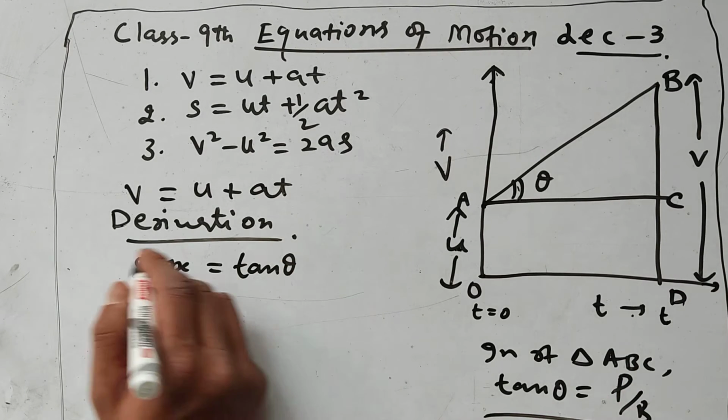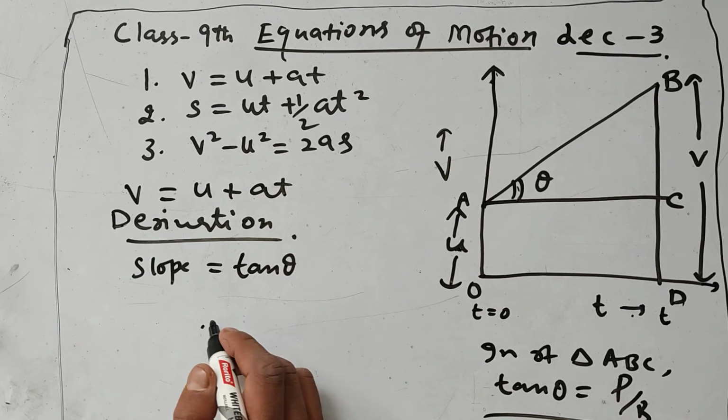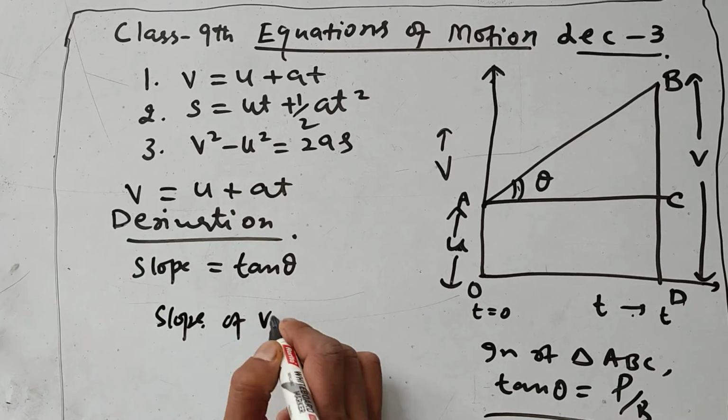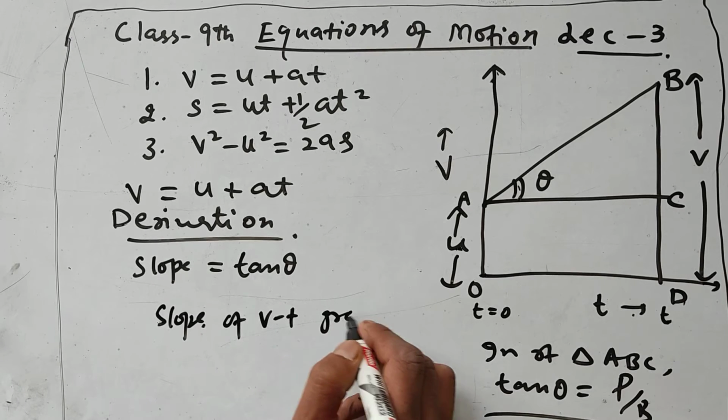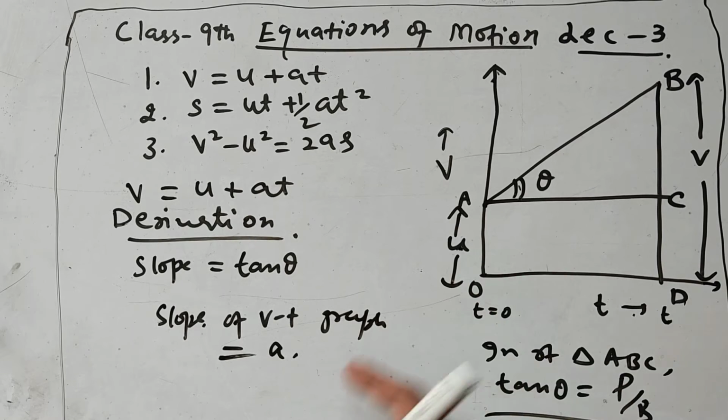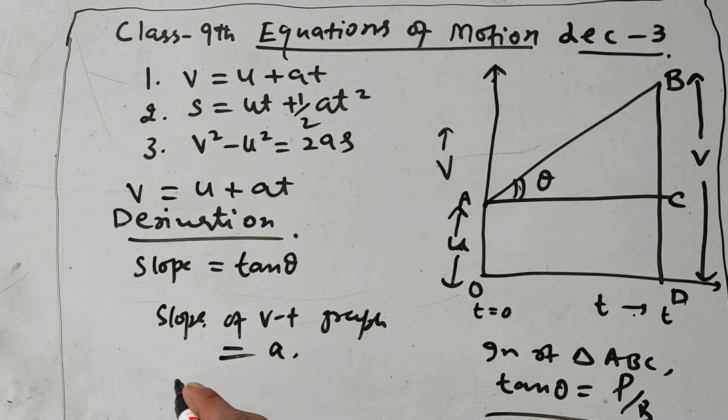Now slope is always equal to tan theta, but we also know the slope of a velocity time graph gives acceleration.